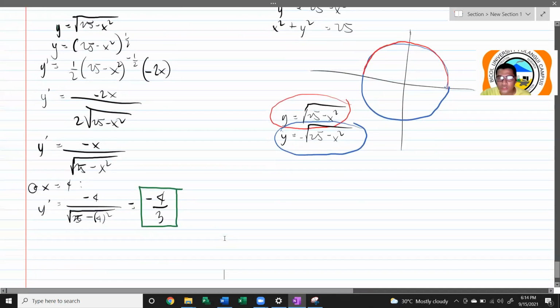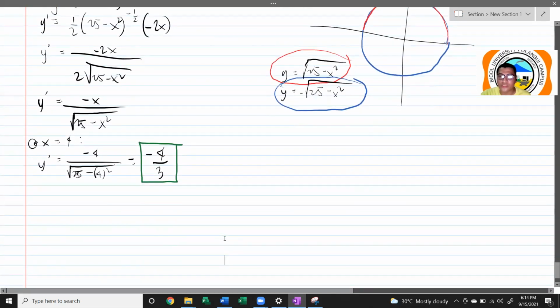So here is another solution, class. Since the given point is (4, 3) and the x and y coordinates are known, we can just square both sides of our function and then proceed to differentiation. If this is our function, square root of 25 minus x squared, let's square both sides.